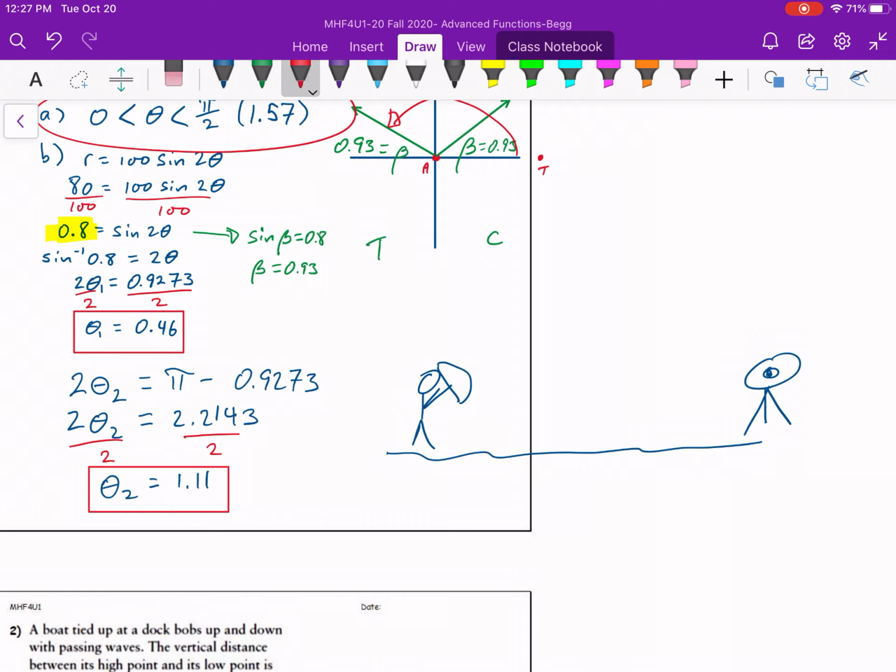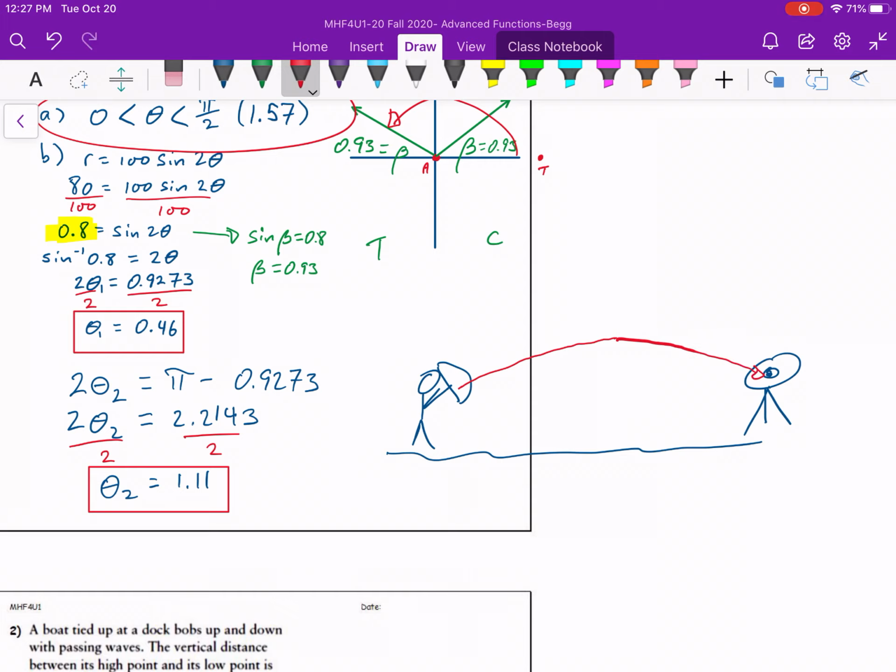One shot goes at an angle of 0.46, which is about 30 degrees, a little bit less than 30 degrees, to put it in perspective for what you can picture. So maybe their initial angle is about that much from horizontal. And if they do that, it's going to come and hit the target, and they're good.